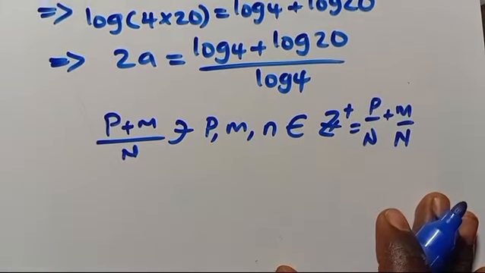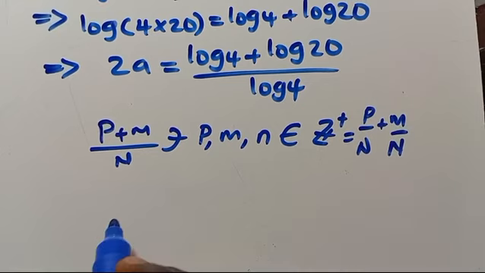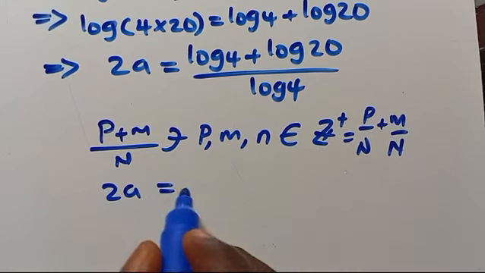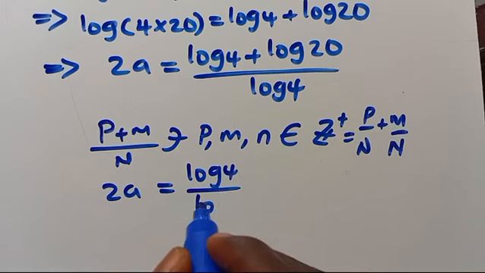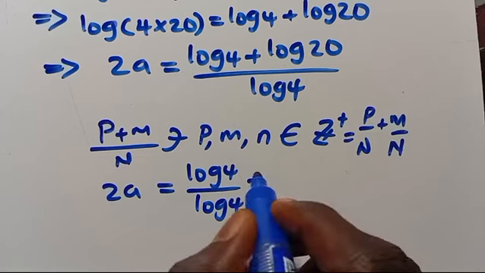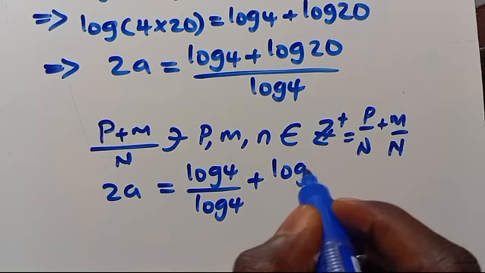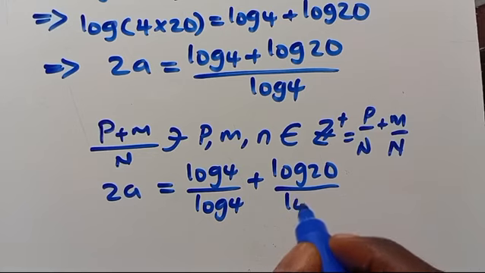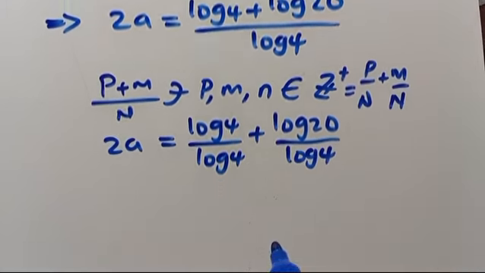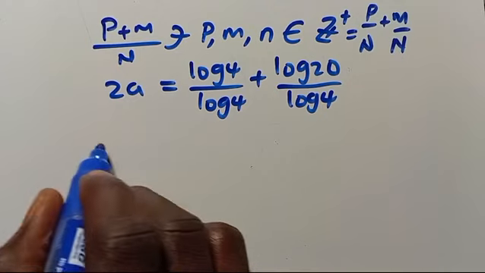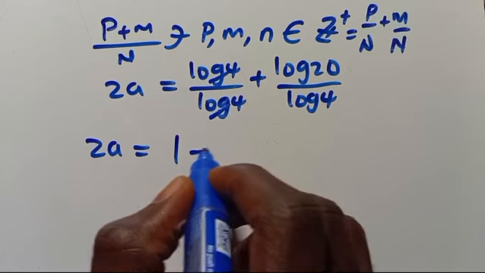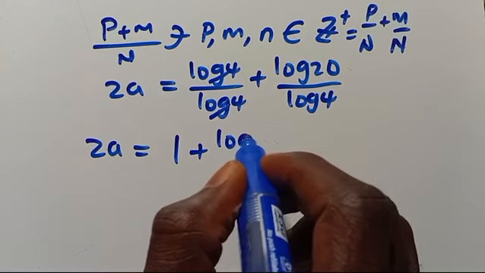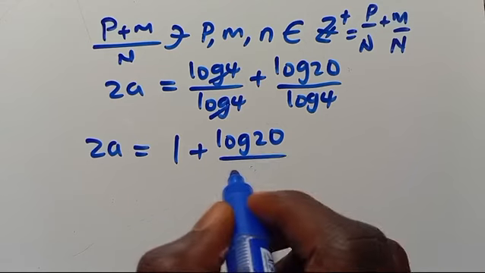So therefore, we can now have 2a as log 4 over log 4 plus log 20 over log 4. So from here, 2a equals log 4 over log 4, which is 1, plus log 20 over log 4.